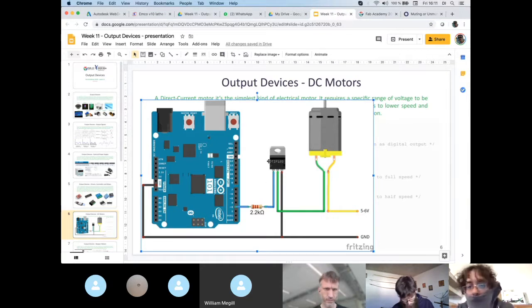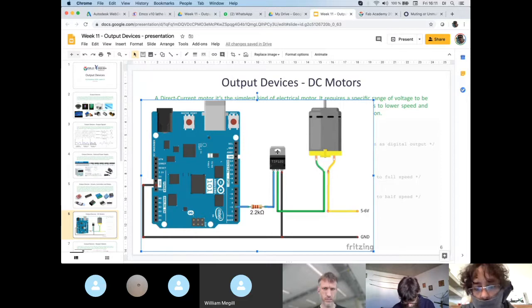When the PWM is high enough or low enough according to the transistor, this valve can be completely open or completely closed. If it's completely open, the motor will rotate at full speed, so you have maybe 6 volts. If it's half open, you have 3 volts, and so forth for all the ranges in between.